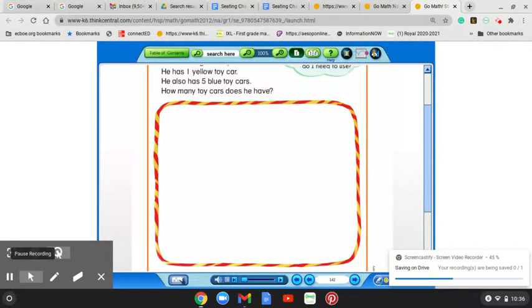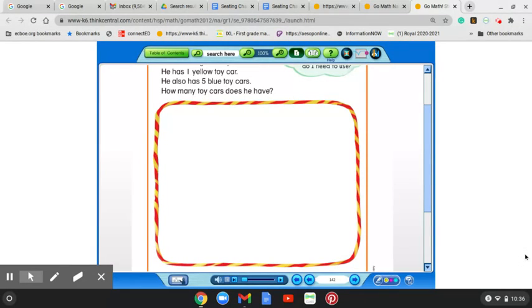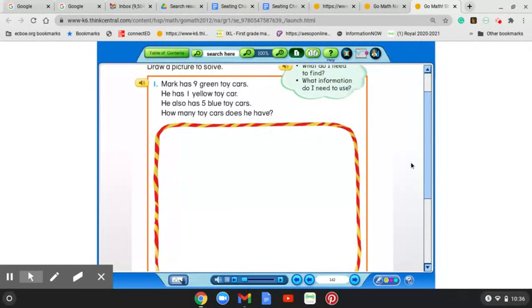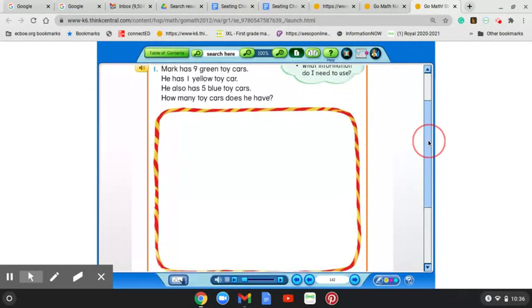Okay, if you flip up and over, you are going to see that your next page, we are going to look at another number story. Now, this time we're going to do this a little different. I'm going to ask you to get a green, yellow, blue crayon. You can pause this so that you can get those right now.